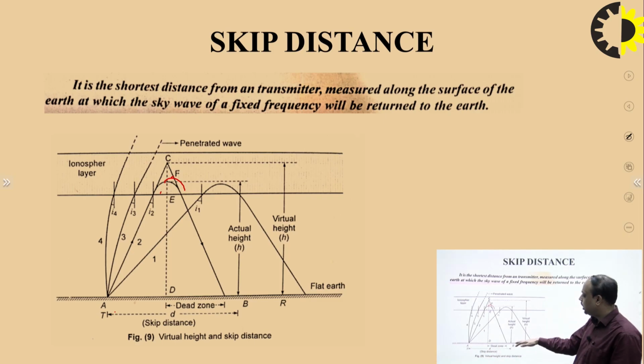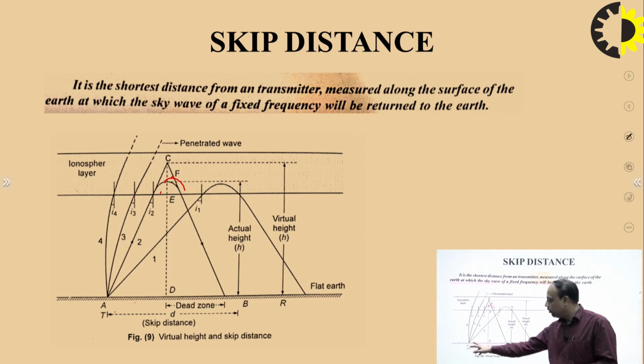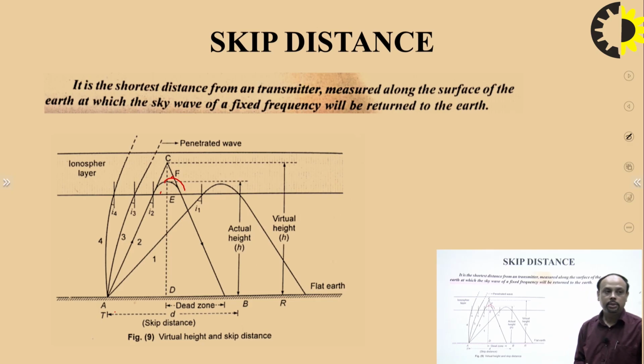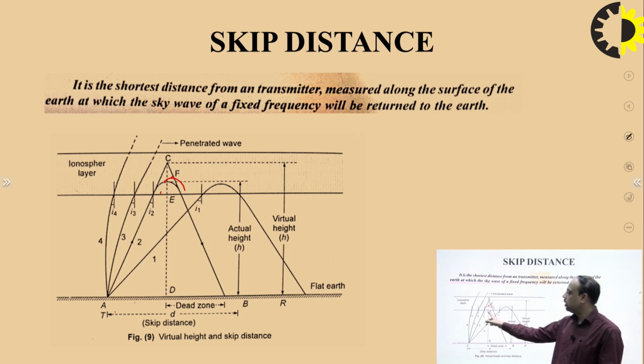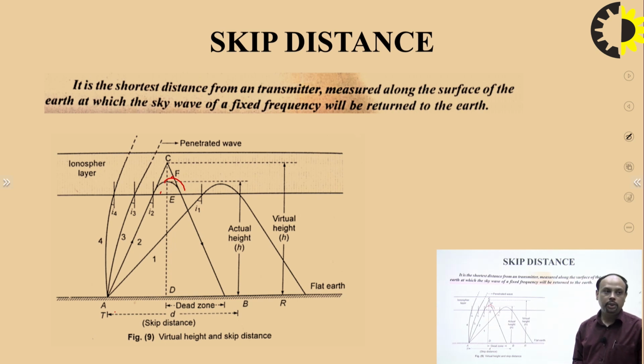As the ionosphere is very high, around 150 kilometers, this zone is almost 30 to 35 kilometers that is not covered by the transmitter through sky wave propagation. This zone is also known as the dead zone, skip zone or skip distance, which is not covered due to the minimum angle of incidence of the wave on the ionosphere.